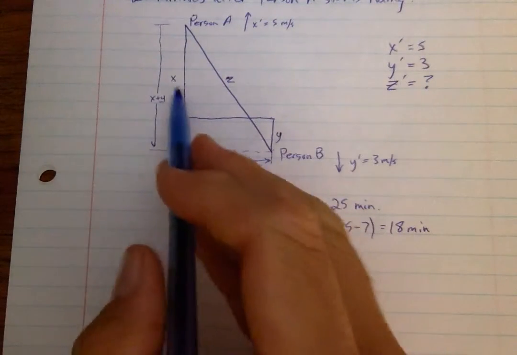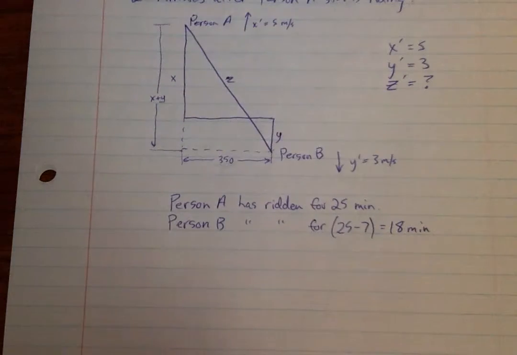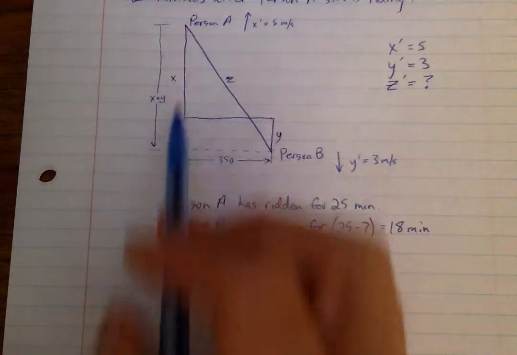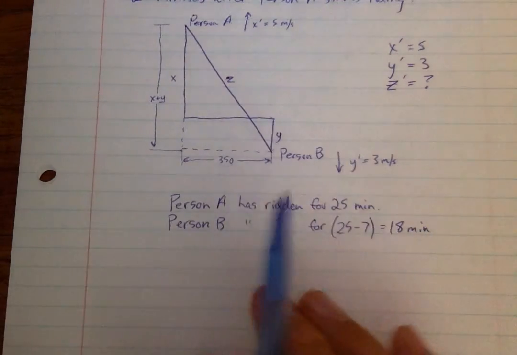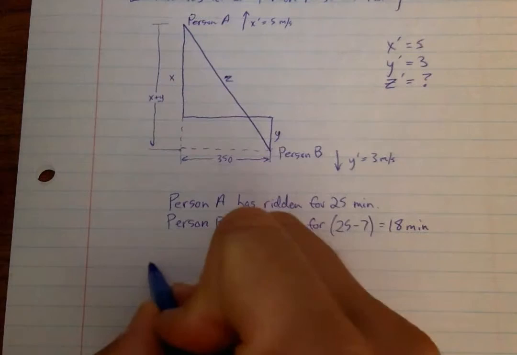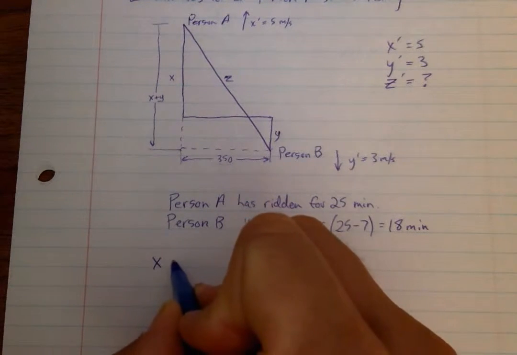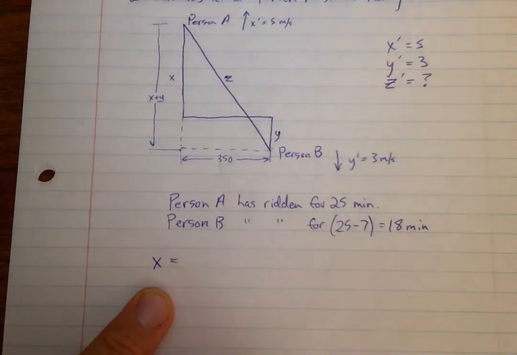Let's check it out. Now, we're calling x the distance that person A has ridden and y the distance that person B has ridden. Don't confuse those with x being this direction and y being that direction. It's not that. These are just our variables for this equation. So, x, that's the distance that person A has ridden, is equal to the rate times the time.